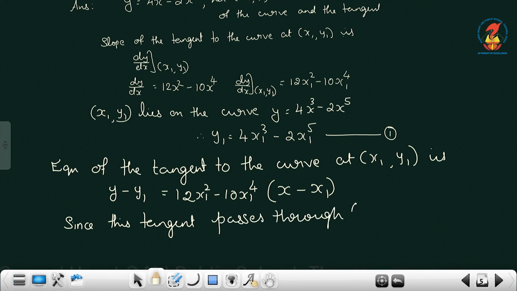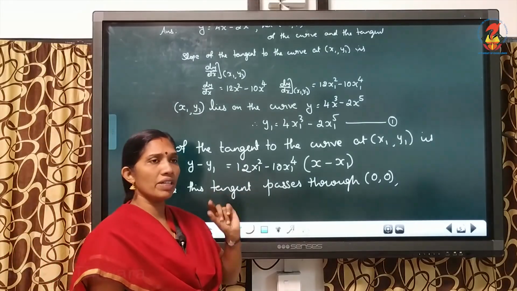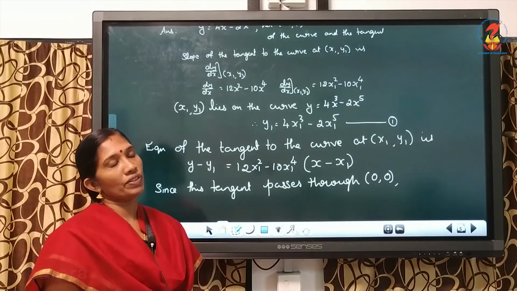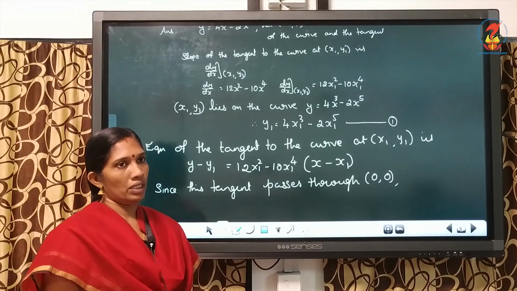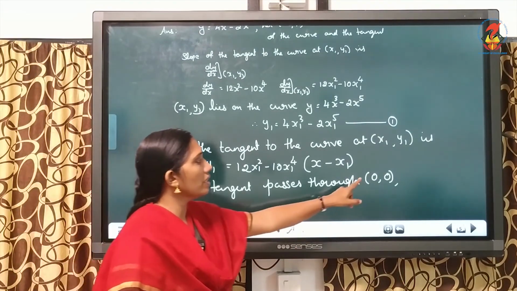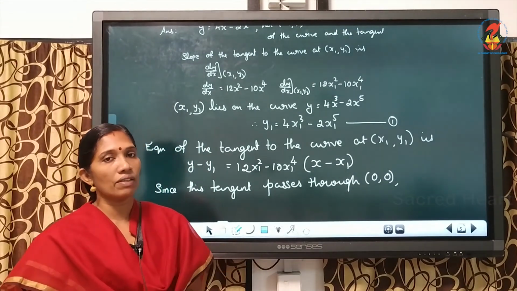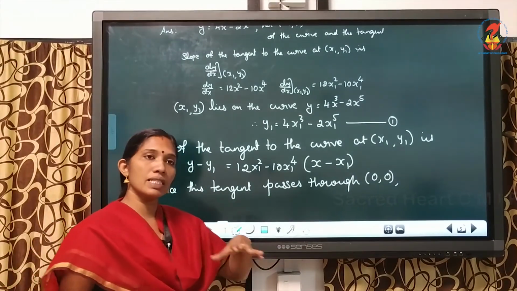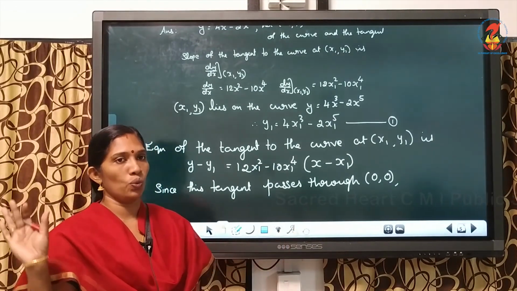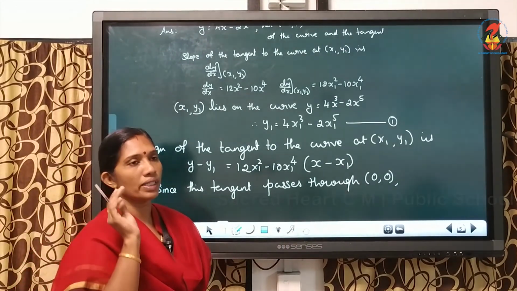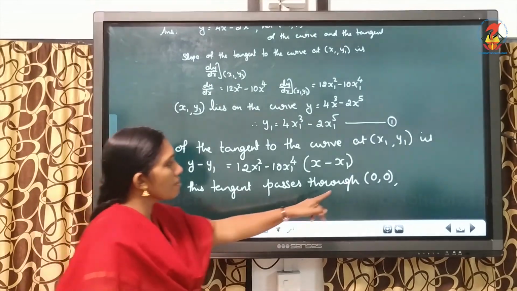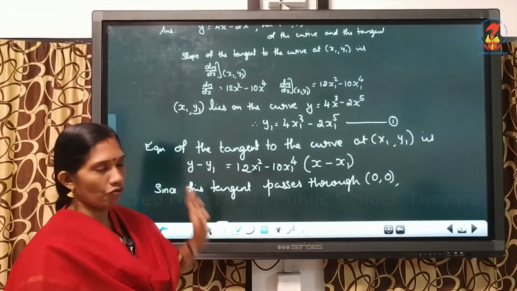Don't substitute 0 for x1 and 0 for y1. Why? Because this x1, y1 is the point of contact of the tangent and the curve. It is not given that this is the point of contact. The point of contact we took as x1 and y1. This 0, 0 means the tangent line passes through it. This is a point on the tangent. So, you have to substitute this for x and y.